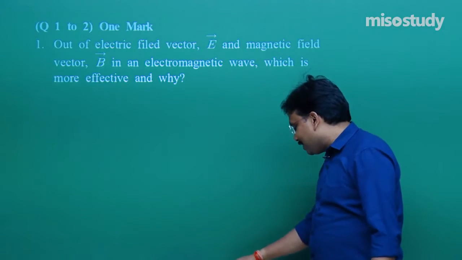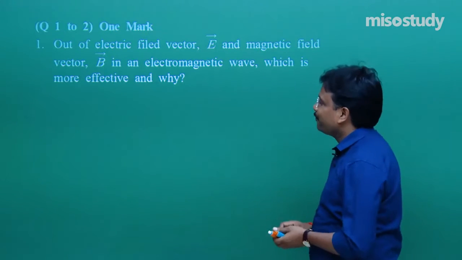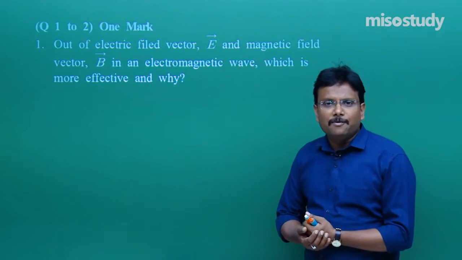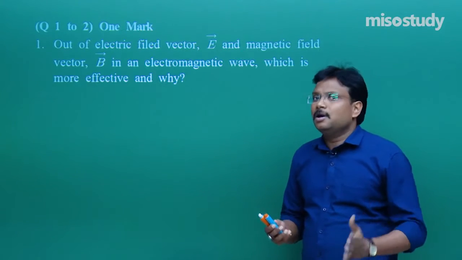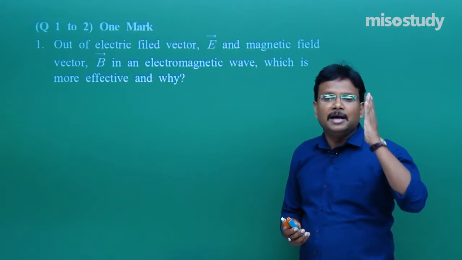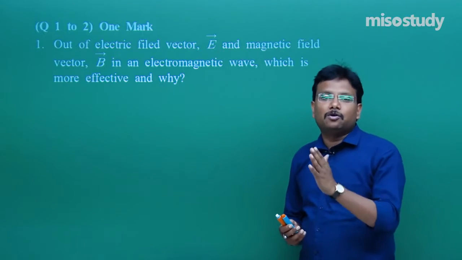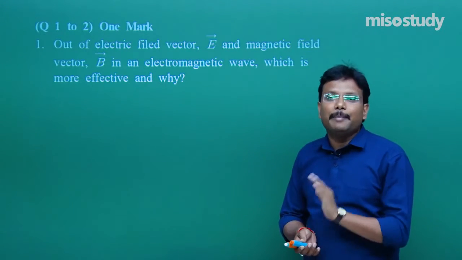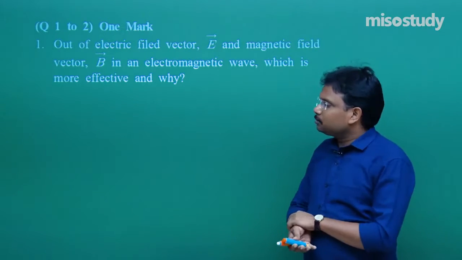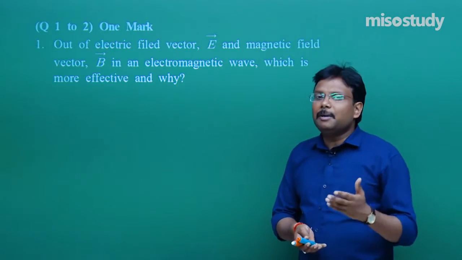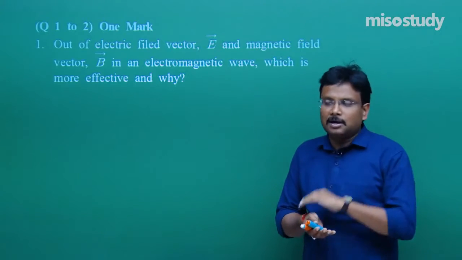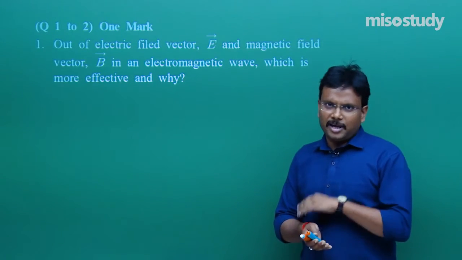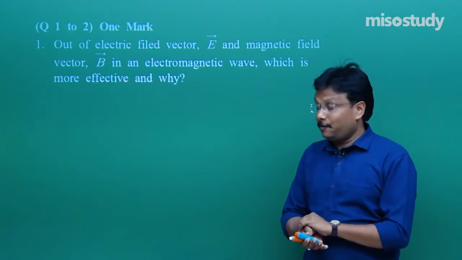Now, the question is a really very interesting question. Electromagnetic wave means you have a wave that contains not only an electric field part but also a magnetic field part. So, you have two vectors, electric and magnetic field. Now, the question is very natural, it may come in anyone's mind: which term is more important, electric field or magnetic field?